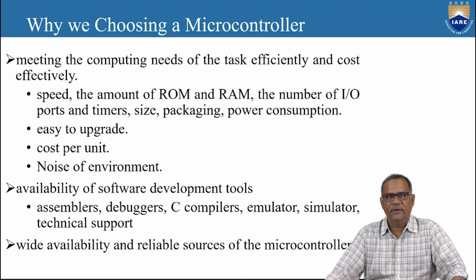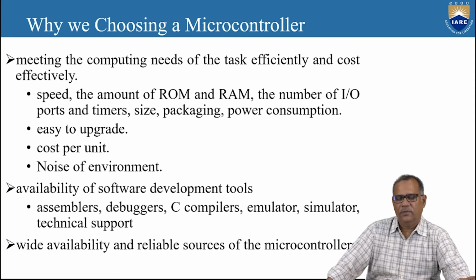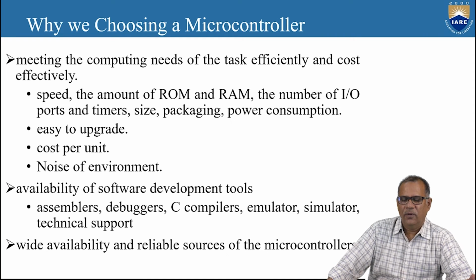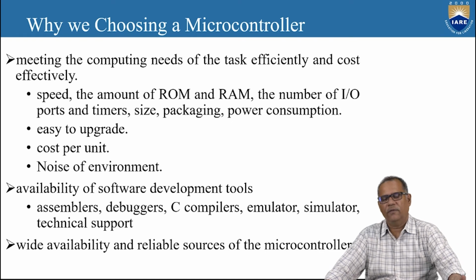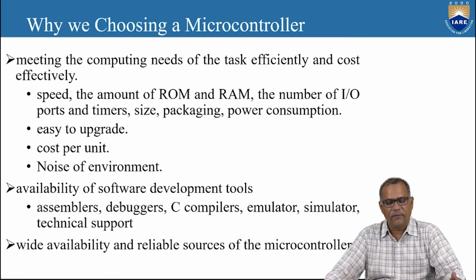And what are the different aspects to be considered in choosing a microcontroller? We have to consider aspects like speed, the amount of ROM and RAM, the number of I/O ports, the timers, size, packaging, power consumption, and ease of upgrade. These are all the various things considered while choosing a microcontroller.